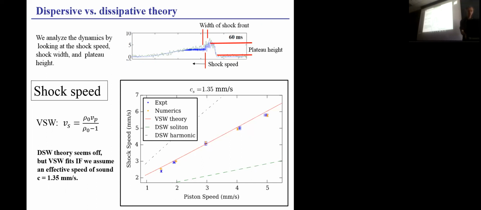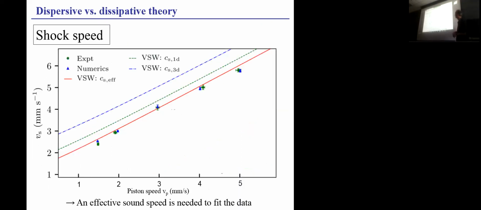What do I mean by having to change the speed of sound a little bit? This is the prediction for viscous shock waves for different speeds of sound. If I say I've got a 3D BEC system, I've got a speed of sound which I can calculate. This is the blue curve over here.